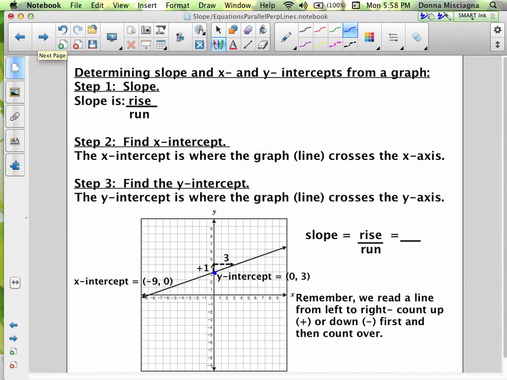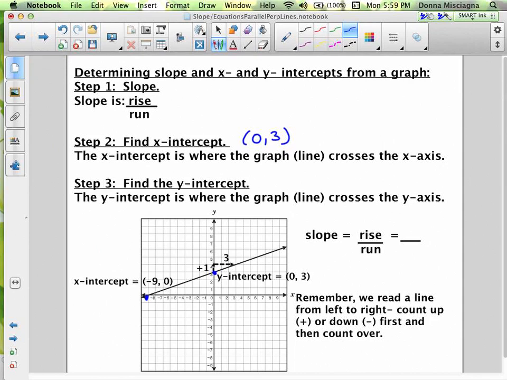So by the way, generally your y-intercept is pretty easy to find on the graph, so long as it's an integer value. Right? Our x-intercept is also pretty easy to find on the graph, particularly if it's an integer. All right? So there I can see that my graph is crossing the point (-9, 0).